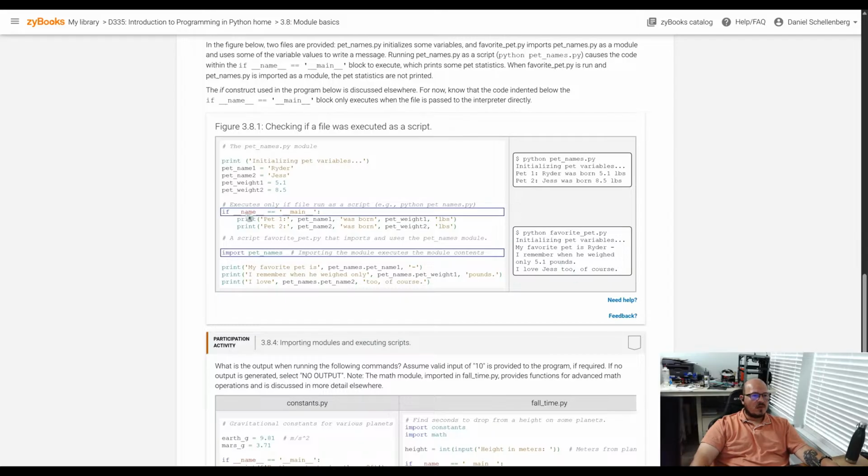So it executes only if the file is run as a script. Example, python pet_names.py. Import pet_names. Importing the module executes the module contents.